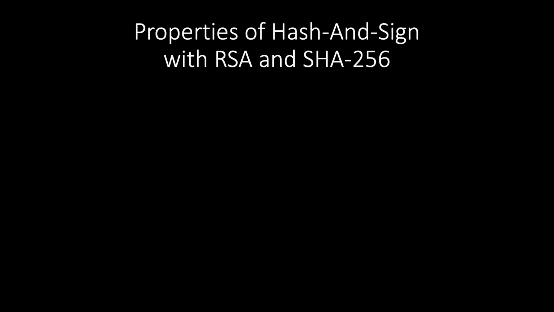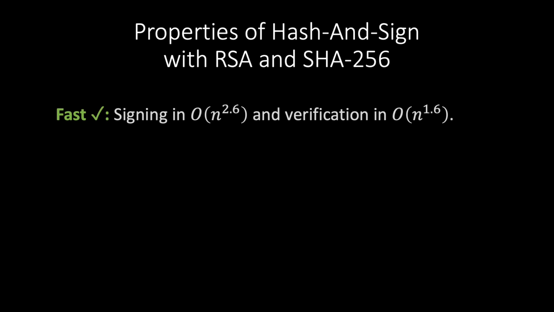The hash and sign signature scheme used with the RSA trapdoor function and a popular hash function such as SHA-256 is relatively close to the RSA signature scheme that we use in practice, and it has the following properties. Signature generation and verification is still fast because applying hash operations is relatively fast compared to evaluating RSA.